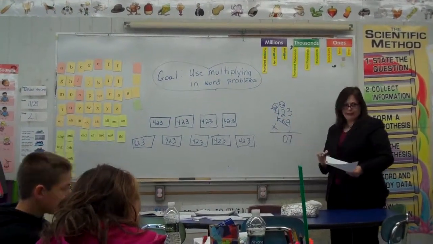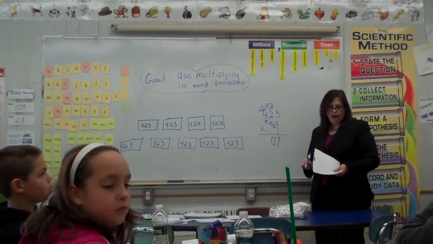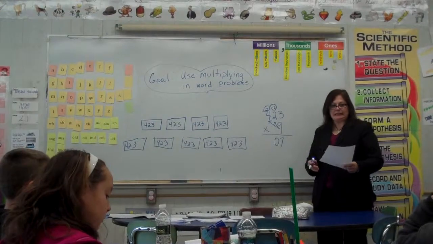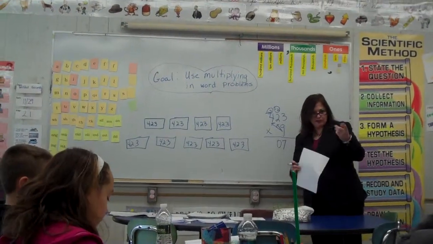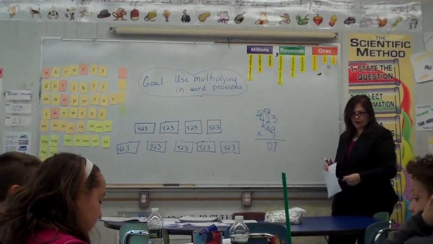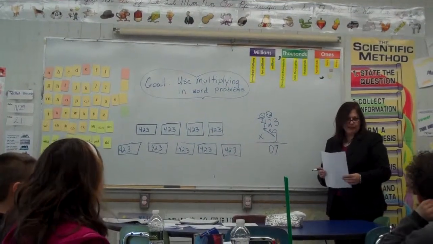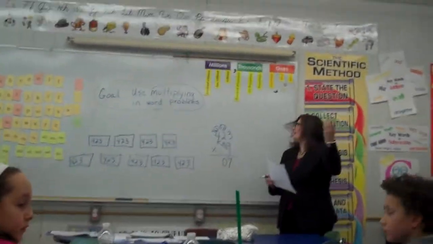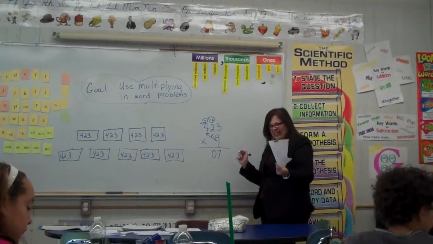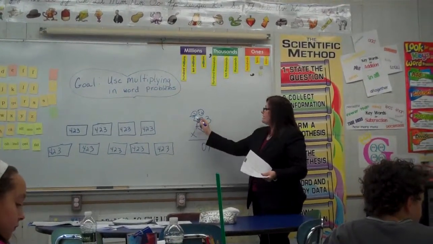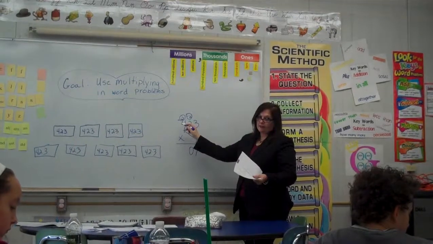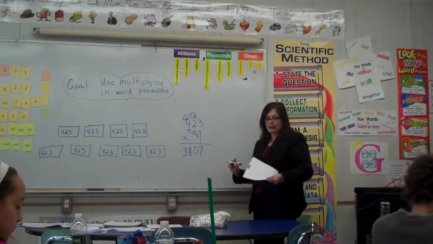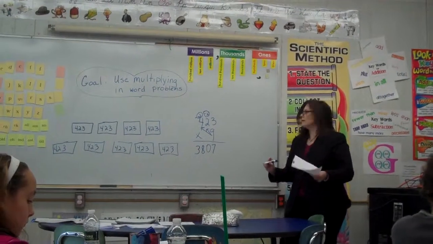Which is what? 9 times 4 is 28. Not 28. Who has their chart out? Alyssa has her chart out. Lewis, can Alyssa help you out? 36. Oh, you figured it out. Beautiful. We're working together. So we have 36 plus 2 more. 38. And what is my final answer, Lewis? 3,807.